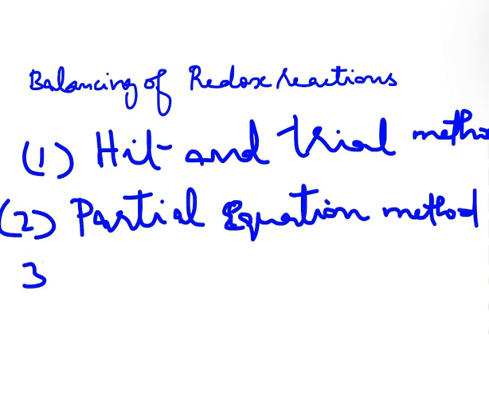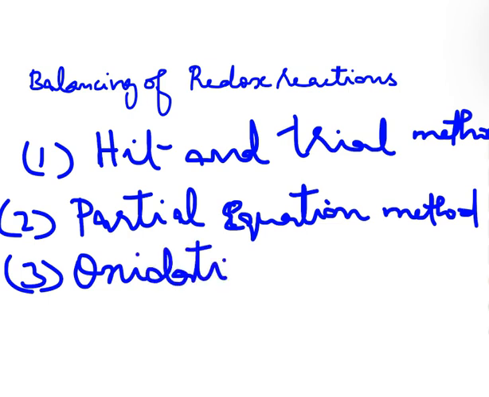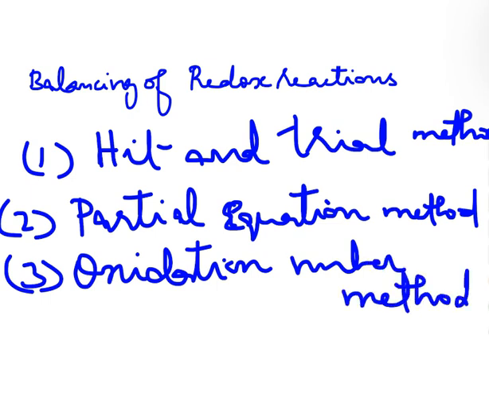And third is our oxidation number method. So this is the one that we will be widely going over. And finally, fourth one is half equation method.